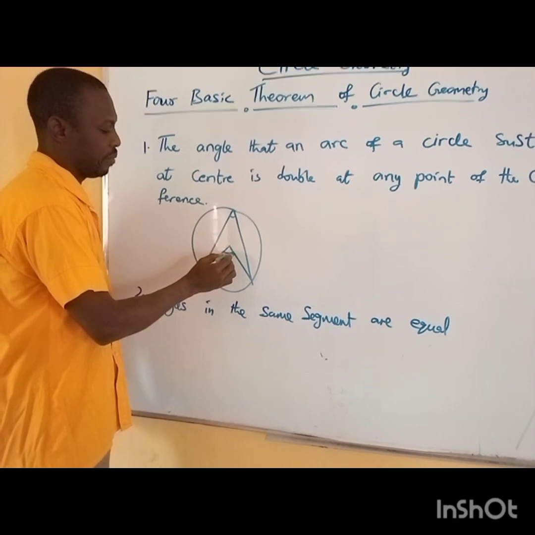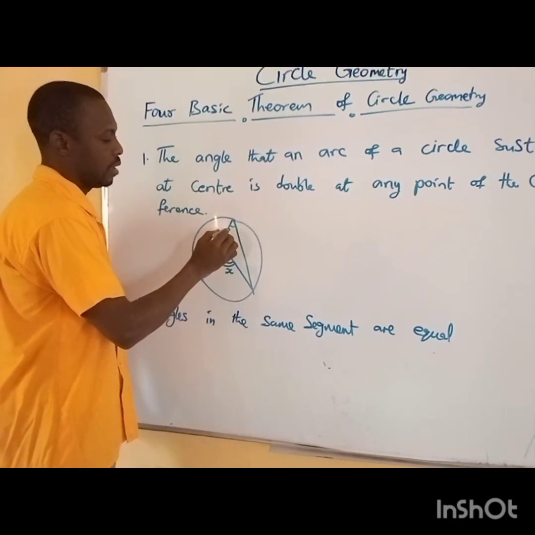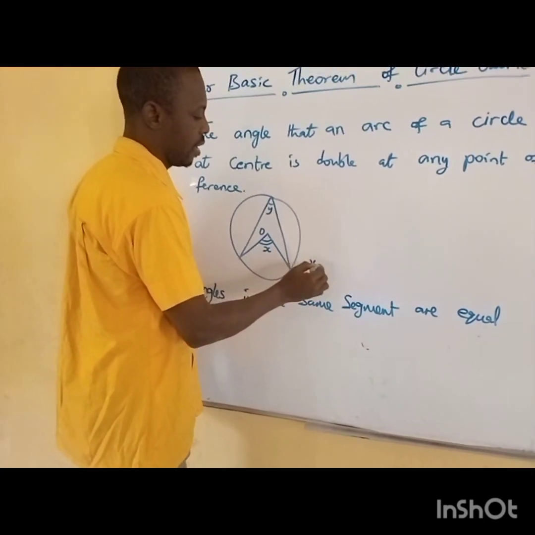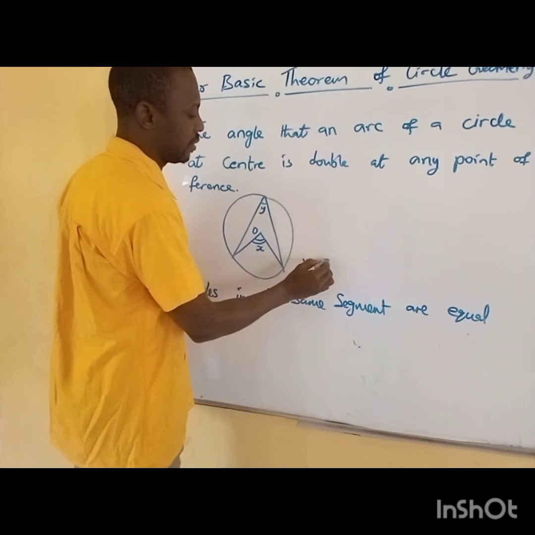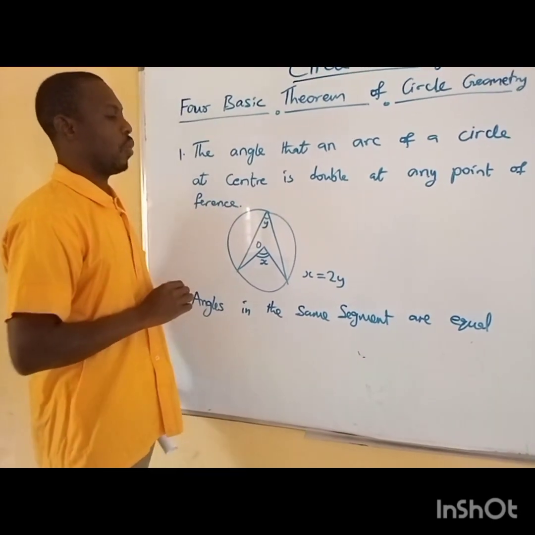The one at the middle is twice the one at the circumference. It means that this x here is equal to twice the angle at the circumference. That is 2 times y.